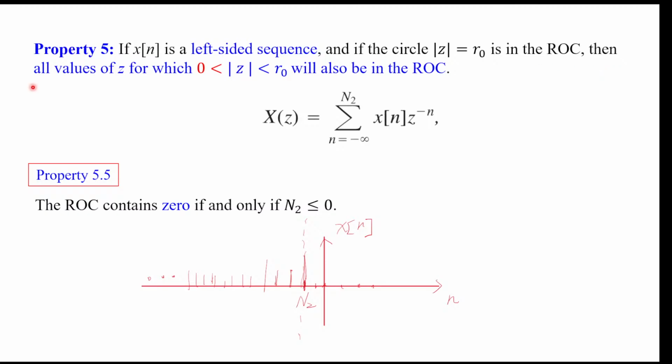Mathematically, it says that if some radius is in ROC, then every radius smaller than that radius is inside ROC except for 0. So 0, once again, is a special point, and the ROC includes 0 if and only if this upper bound N2 is less or equal to 0. And the reasoning is once again the same as the reasoning in property 3.5. And here we don't even prove this left-sided part.